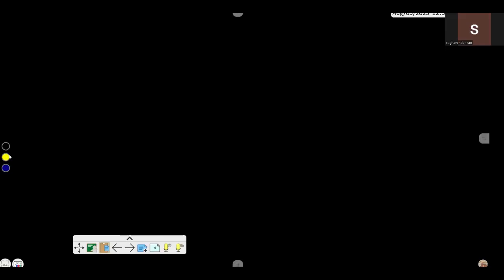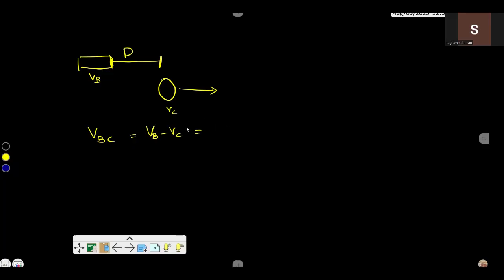Now let us do the same question using the relative velocity method. The cyclist is moving in this way, case A, and the bus is moving like this. The relative distance between the bus and the cyclist is D. This distance will be covered with relative velocity. Velocity of the bus with respect to the cyclist is velocity of the bus minus velocity of the cyclist. The cyclist is the observer, and for the cyclist the bus is traveling in the positive direction.